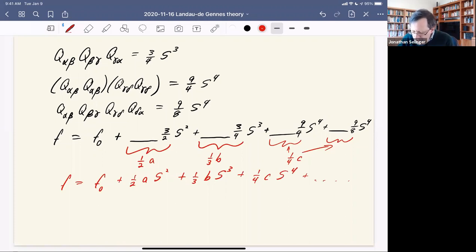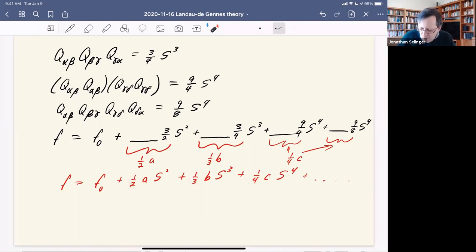Of course, I could have labeled these coefficients as just A, B, and C without the fractions, a half, a third, a fourth in front of them. It's conventional for people to put the fractions there because it'll make some of the other calculations a little bit easier later on, but it's not hugely important.